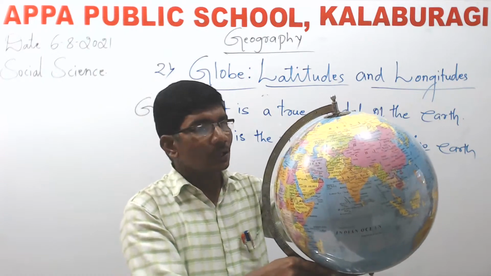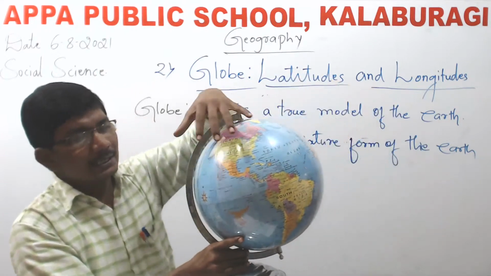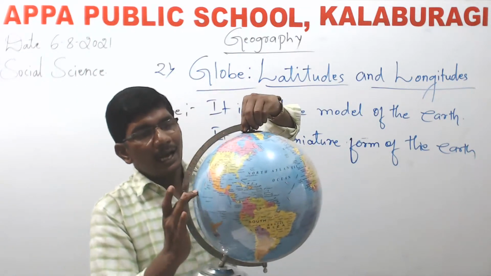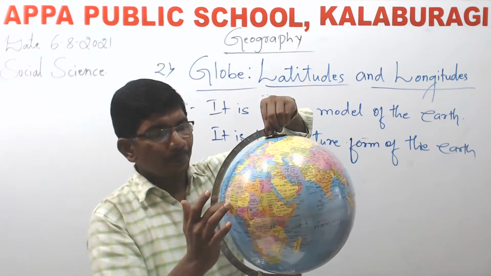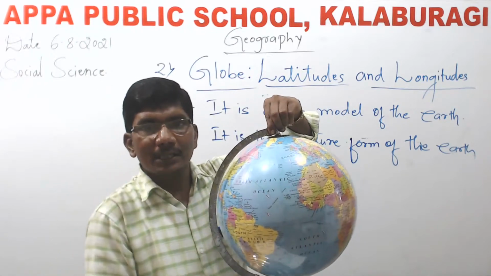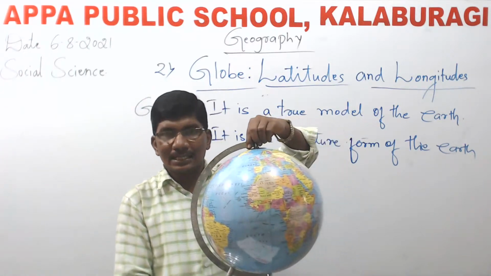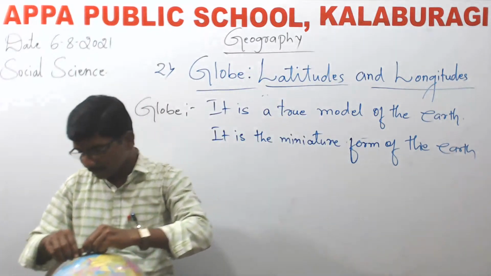A globe is called the miniature form of the earth and it is the true model of the earth. So what is there on this globe? We can see the continents, the countries, oceans, etc. Later I will explain this globe. Got it?